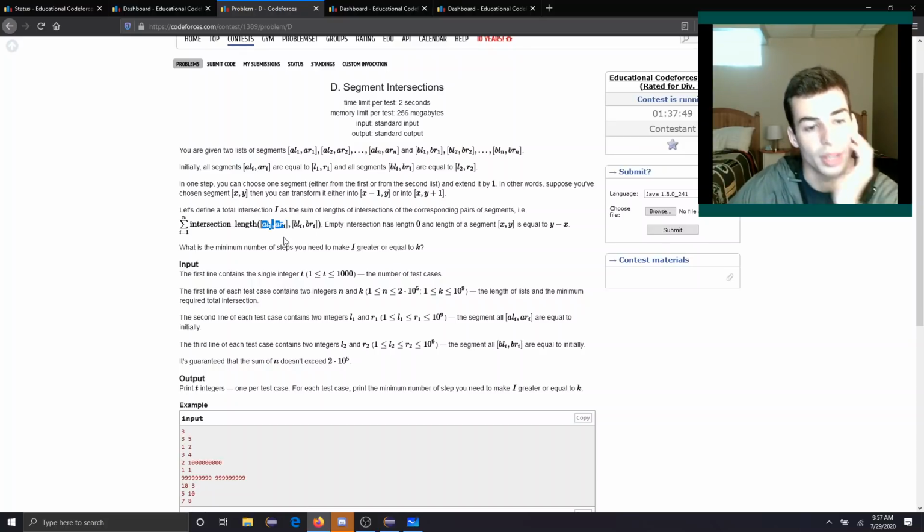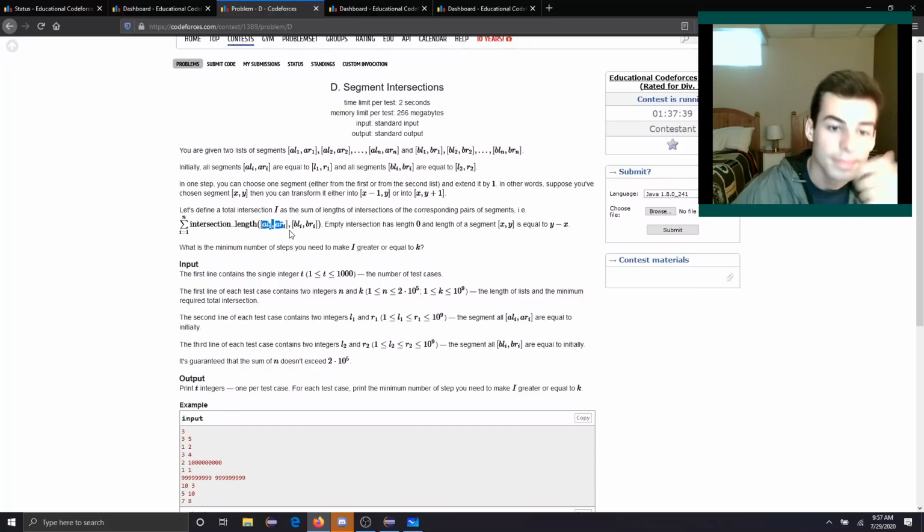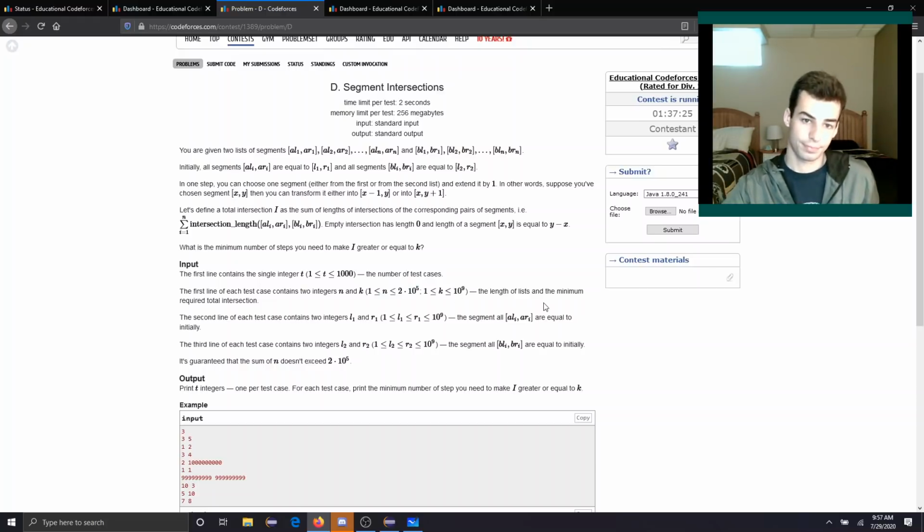So we look at the first segment from the left, first segment from the right, second segment from the left, second segment from the right. We have n different segments. And we want the total number of things to be at most k. So the number of steps could be quite big, so we have to be able to simulate the steps pretty fast.